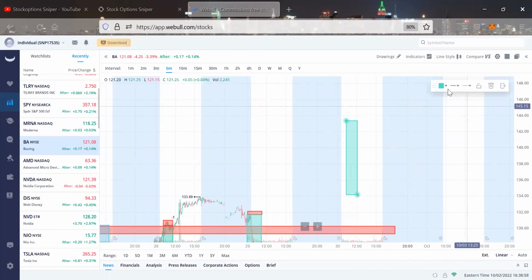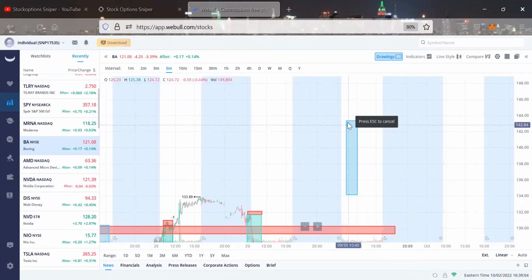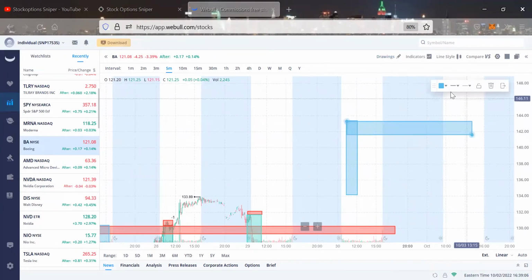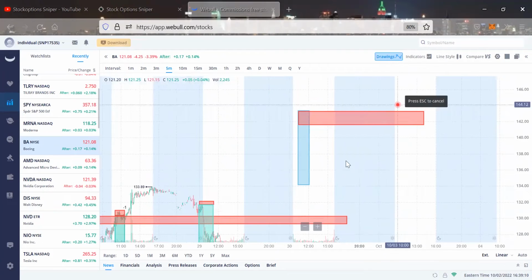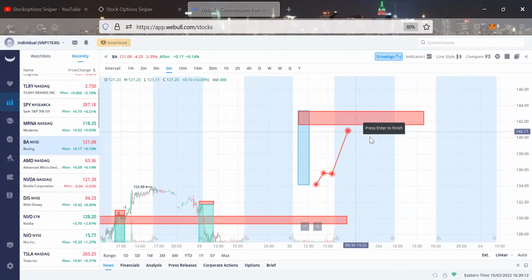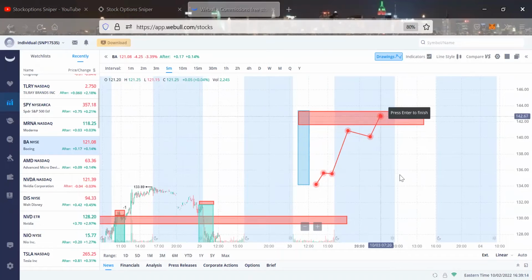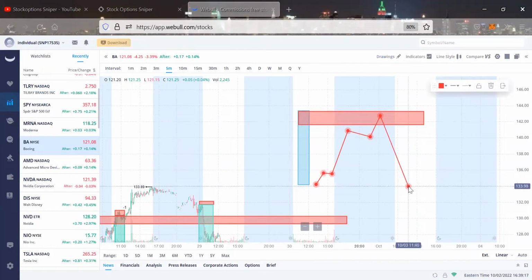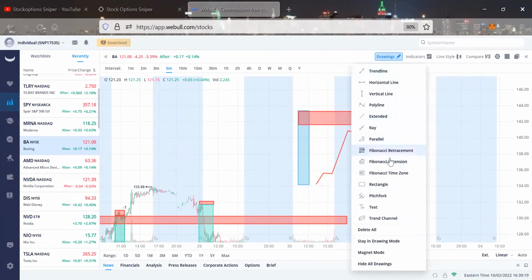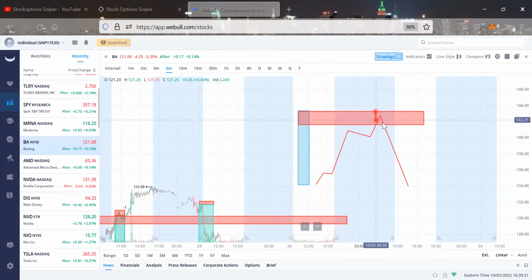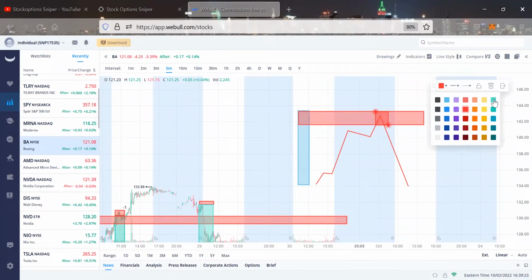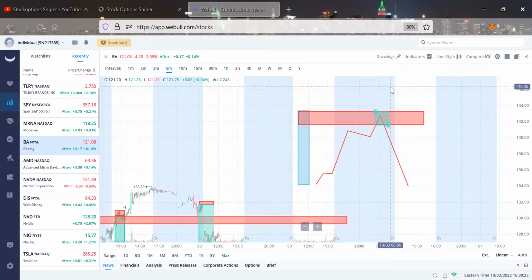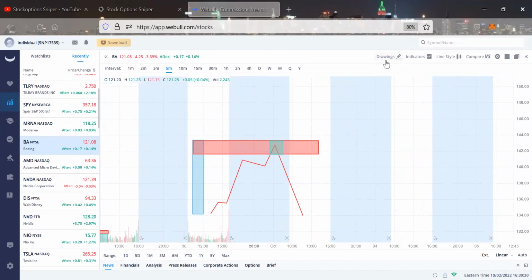Our 3-box method. 1, you find your structure. 2, you find your SND. 3, you wait for price to come up to that SND for us to take it to the downside. And we're going to take that confirmation in the form of Wyckoff, just meaning a transfer of weak hands to strong hands, right?